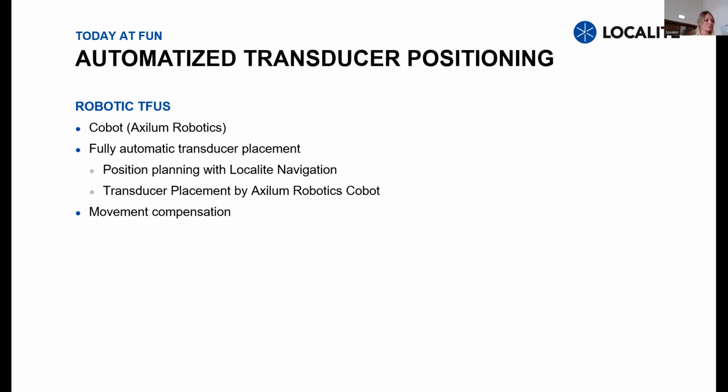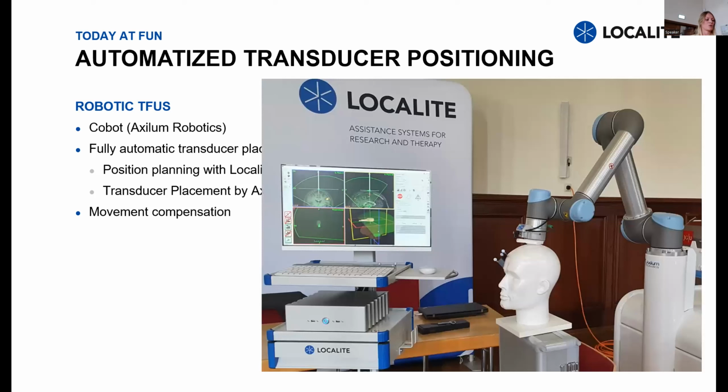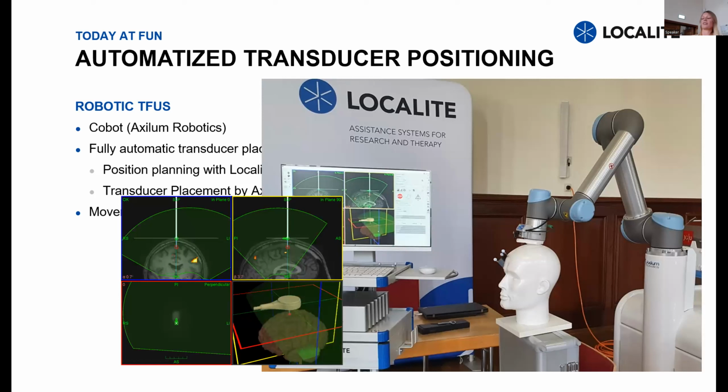That's what you can see at our booth. We have the TMS cobot and we have the navigation that can show the transducer in real time. That's how you can navigate the transducer with a cobot. If you want to see this in motion, we are happy to meet you over there.